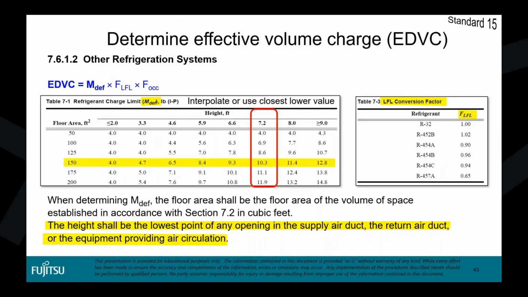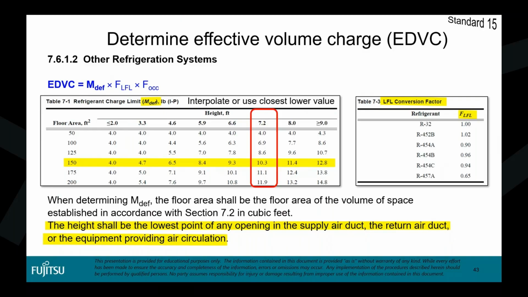Can't have any other heights for this. Same thing here, you interpolate or use the closest lower value. So I picked 150 as an example, go out there to 7.2 feet, and that is 10.3 pounds. And that dispersal height, you can see in the lower part there, is the height of the lowest point of any opening in the supply air duct, the return air duct, or the equipment providing air circulation. So that's how they define that height number you're going to use in that table.